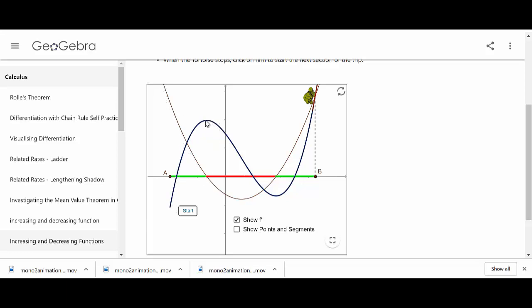In this place where the function was decreasing, this red region from there to there, the graph of the derivative would have negative values. And then in this green part where it's increasing again, the derivative would be back to having positive values. So basically the derivative is positive, then 0, then negative, then 0, then positive. Okay, so I thought that was kind of cool.